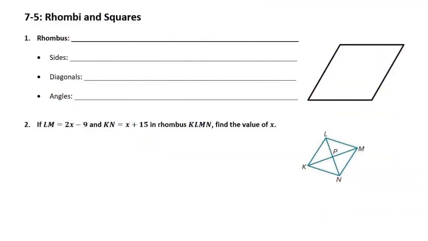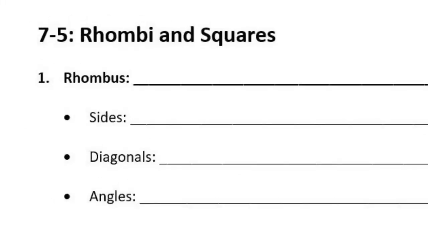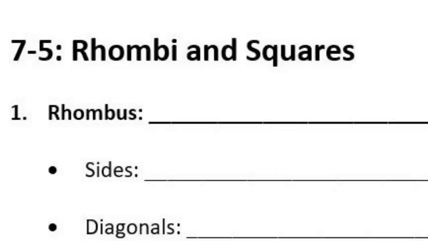We're going to talk about rhombi and squares. So rhombi first. Does anybody know what a rhombus is? It kind of looks like a squished square. Kind of looks like a parallelogram, but not as fat, not as wide. So rhombi is just the plural of rhombus.